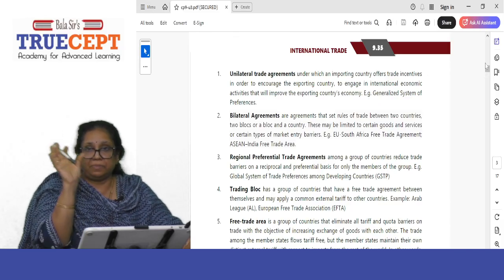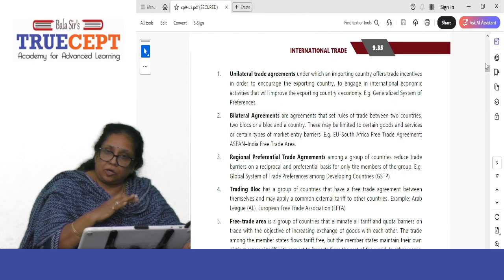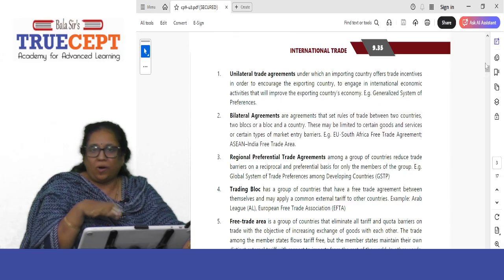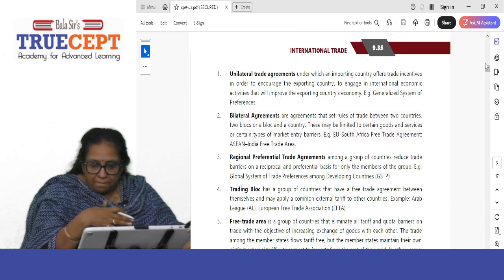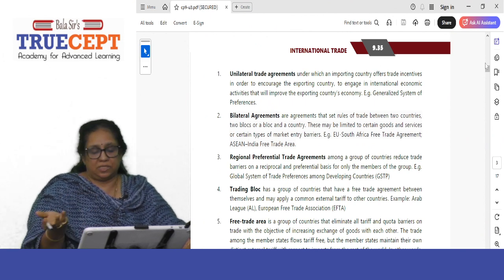Please write it and memorize it, so that a question on any of these is possible across the lessons. Starting from the 6th, 7th, 8th, 9th, whatever it is, just make a list of these acronyms and their full forms. A question is possible there.